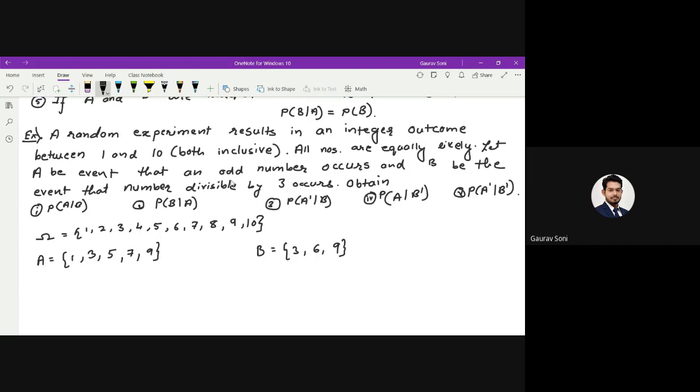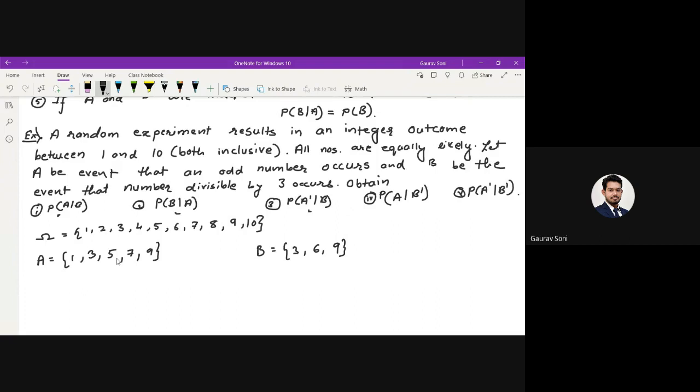Look, the first three of them we can easily find out. Probability of A given B, B given A, and A complement given B are all possible. But in this case, we have probability of A given B complement. For that we'll need B complement, and in the last one we'll need both A complement and B complement.